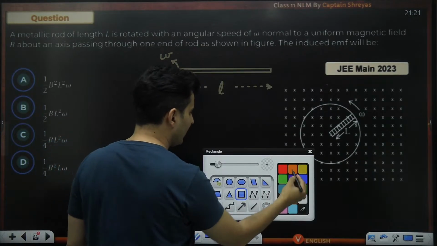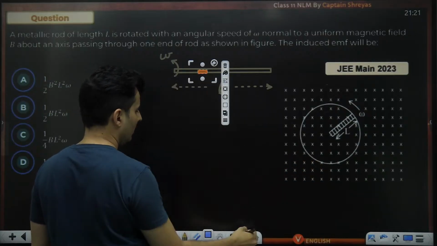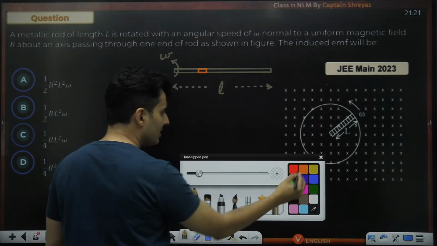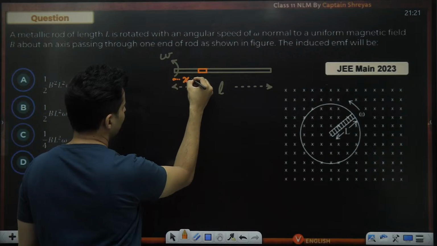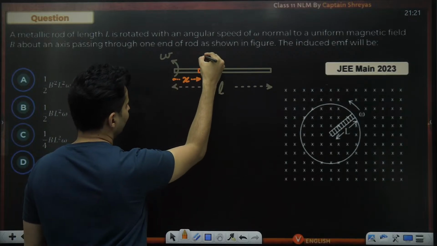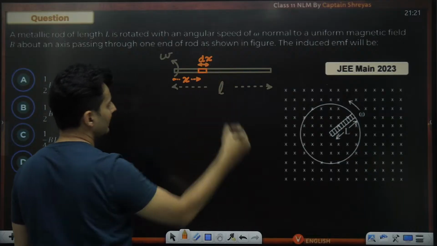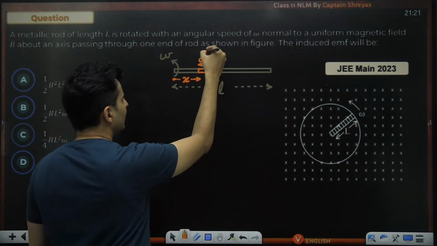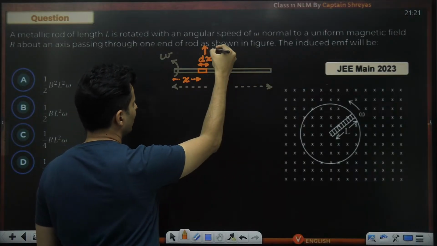What I do, I will take a small part of that rod, could be any part. Maybe this part over here. This particular part from the axis is at a distance of x and has a width of dx. This dx part will have some velocity. Obviously, different parts will have different velocities.